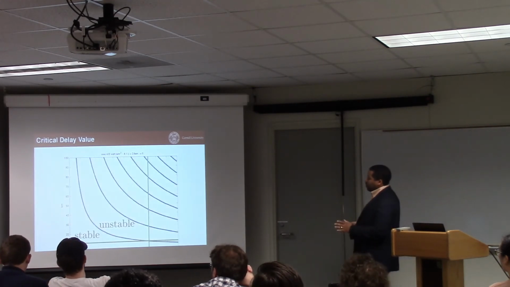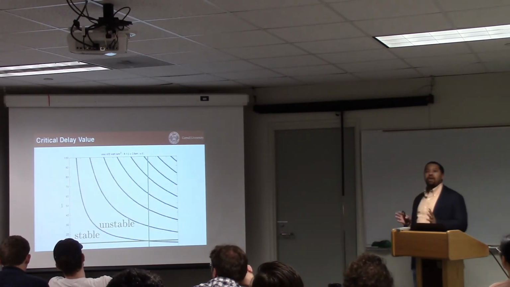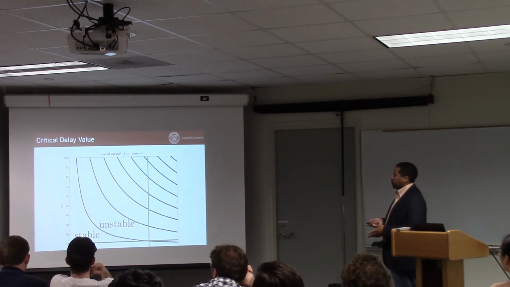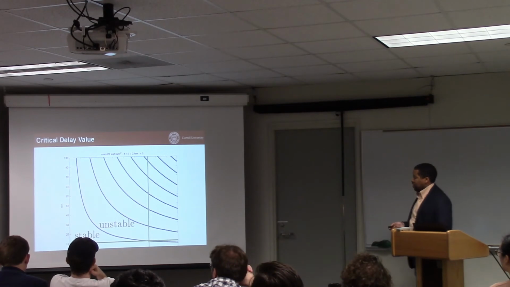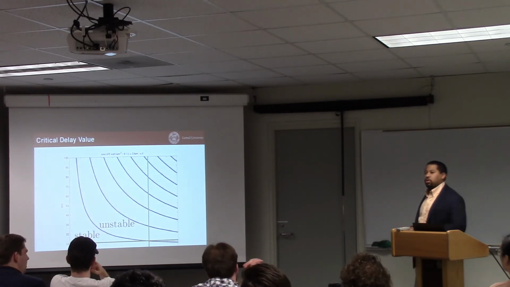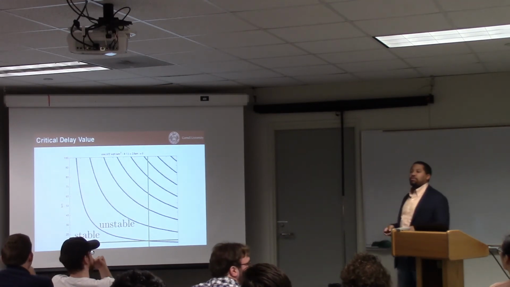So this splits our model space into two regions, one where it's stable and one where it's unstable. We used 0.34 and 0.4 last time, and exactly between those points, around 0.36, is where this Hopf bifurcation occurs.